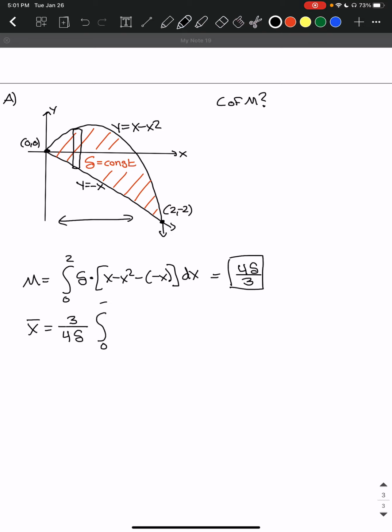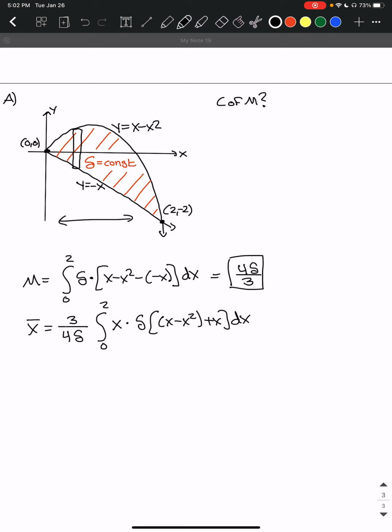I'm integrating from 0 to 2 still, and then my formula says it's x times the density, or sorry, times the mass of the strip, right? So the mass is delta, and then this is f of x minus g of x. But I need to write them in because we have functions here. X times x minus x squared, minus g of x becomes plus x, dx.